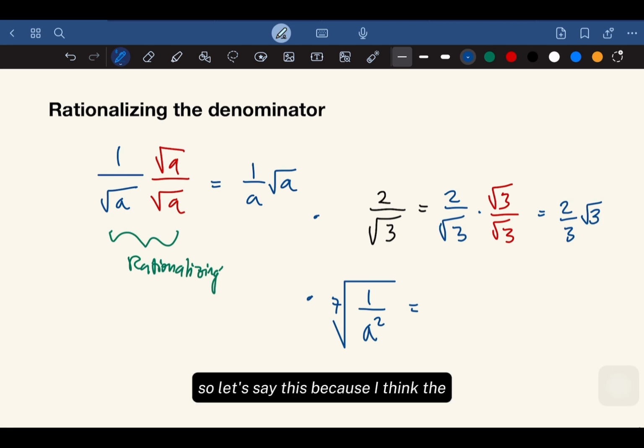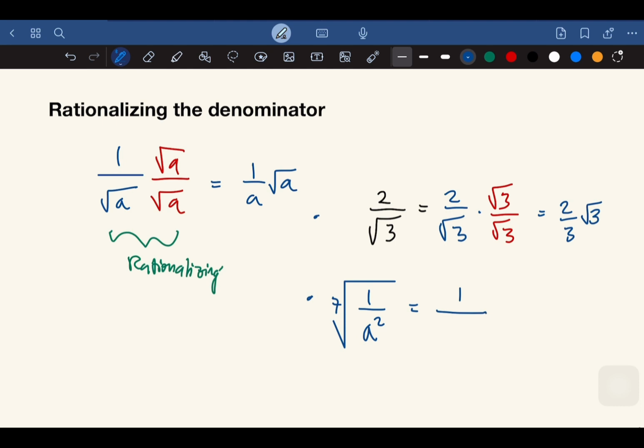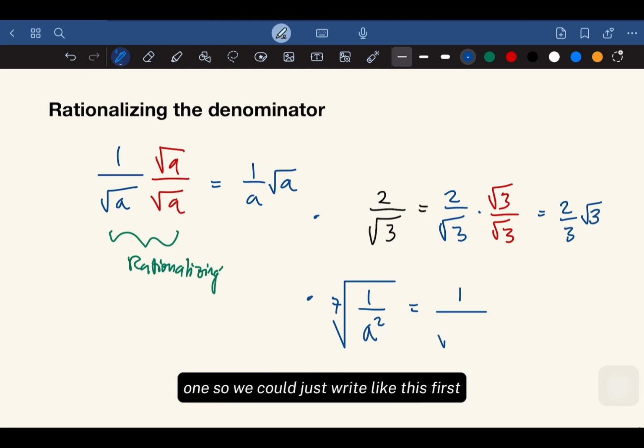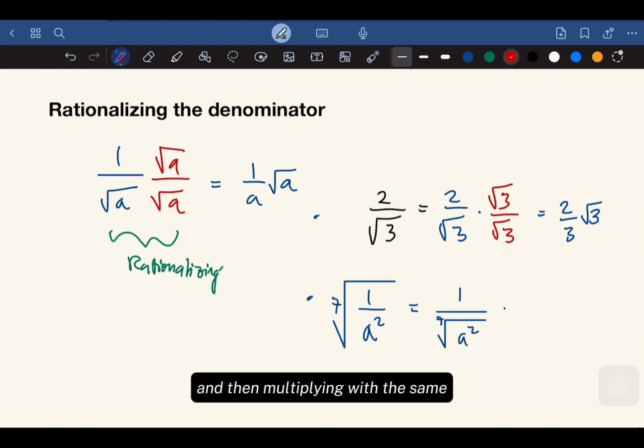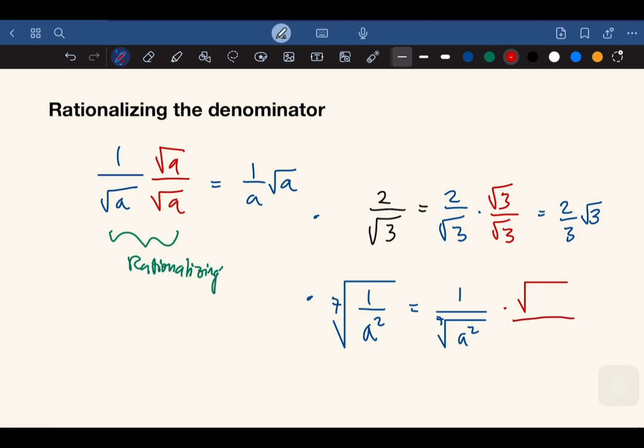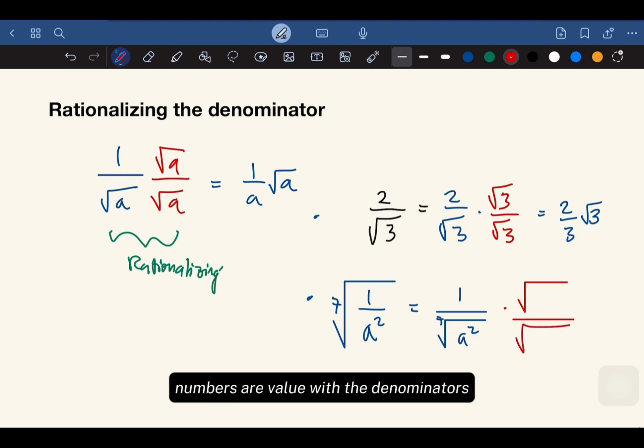Because this has roots, perhaps we can write it like this first, and then multiply with the same value as the denominator.